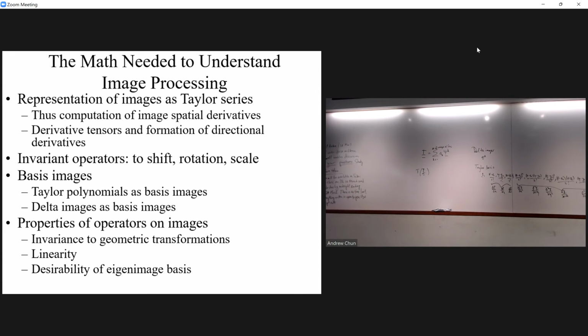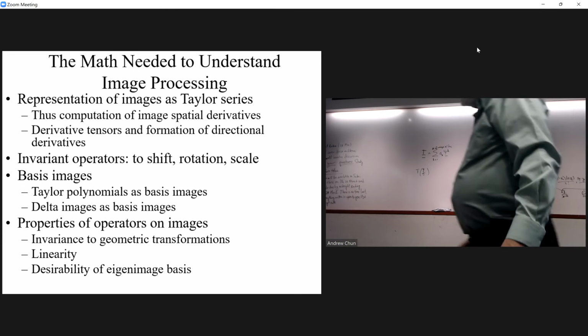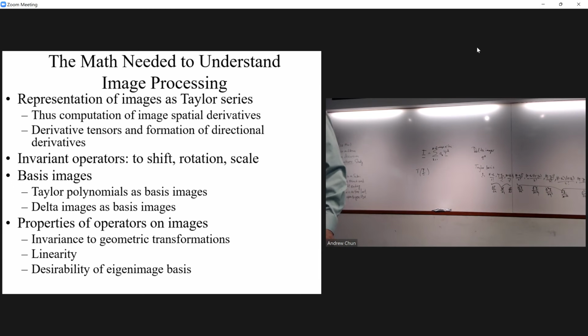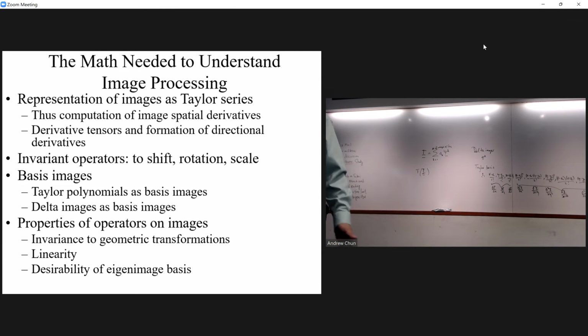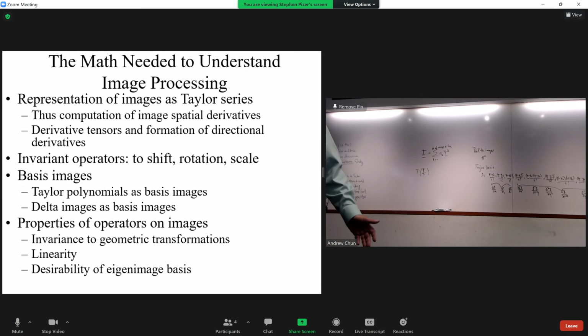The first one might be an operator that turns an image into its first derivative, its gradient, for example, into its dI by dx's and dI by dy's. Another operator that we talked about was for lowering the noise level, typically by convolution with a Gaussian.